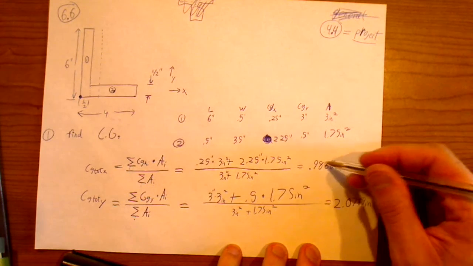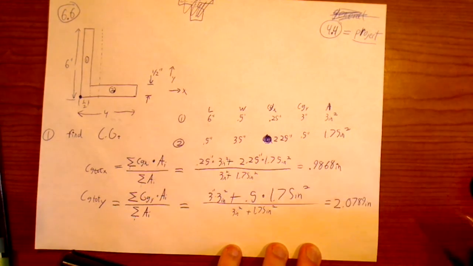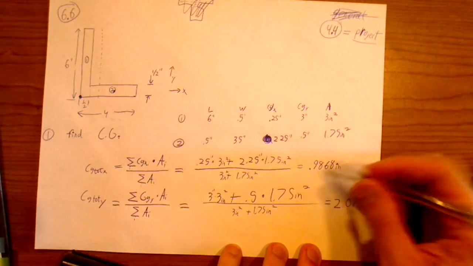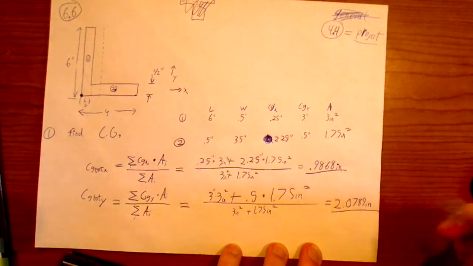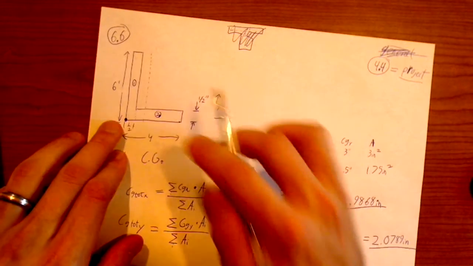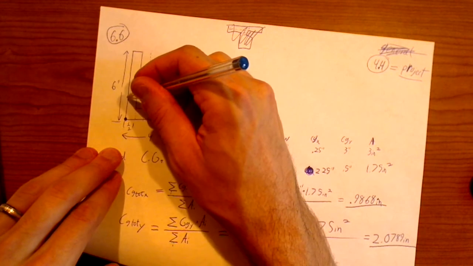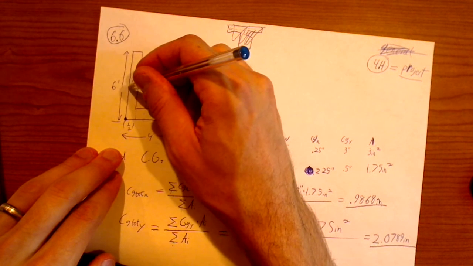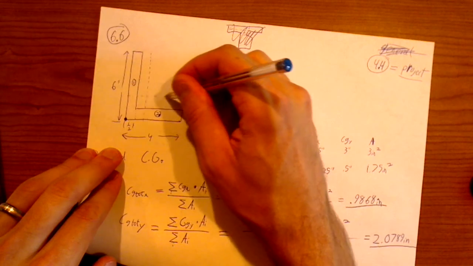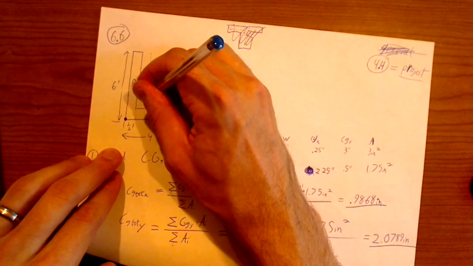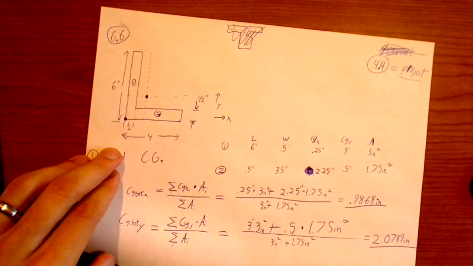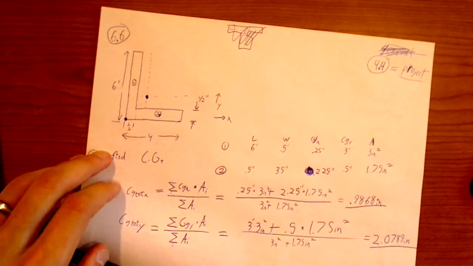I just usually prefer to have like 2 or 3 digits so I can see that the math is being done correctly. So these little sub-answers, this is where the center of gravity is in this system. So the y, 2 inches, about there. That little point right there in the overall system is where our center of gravity is.